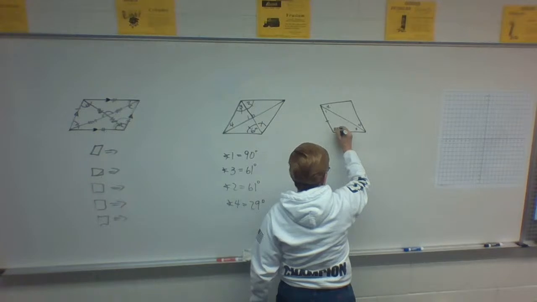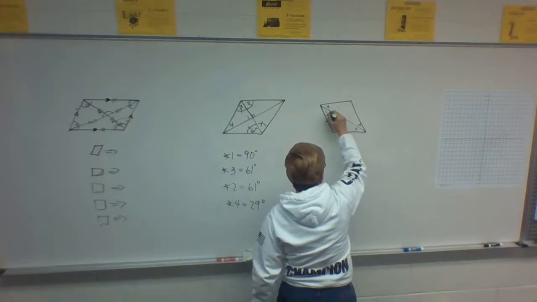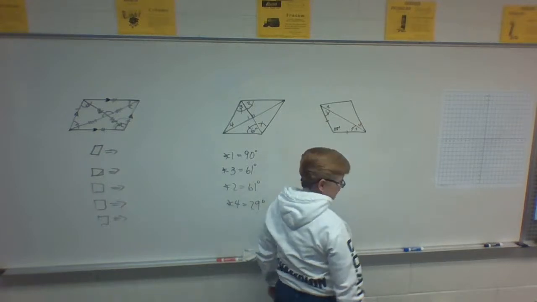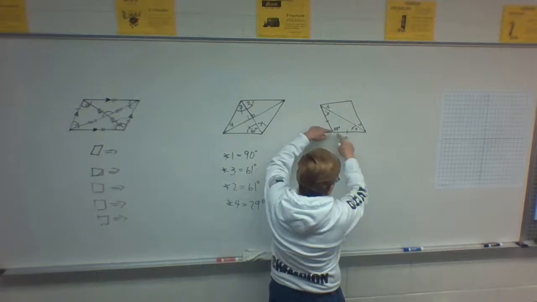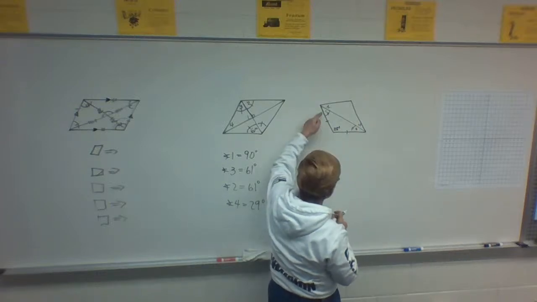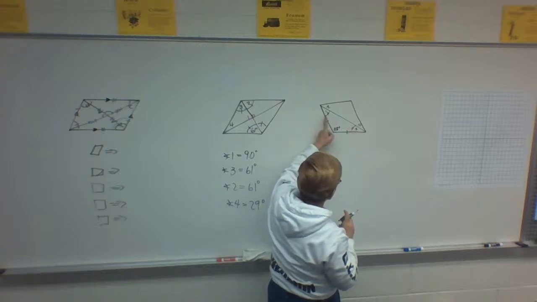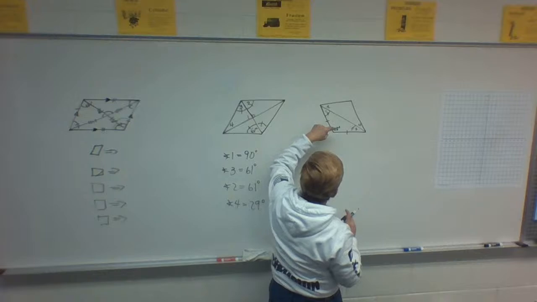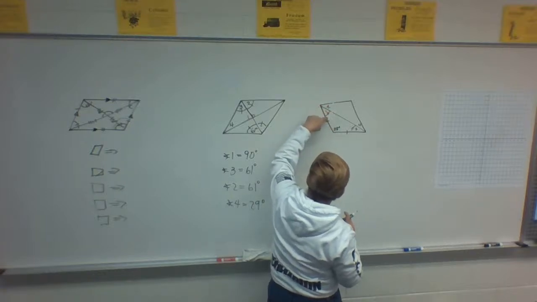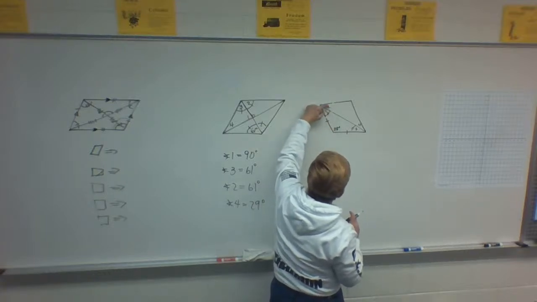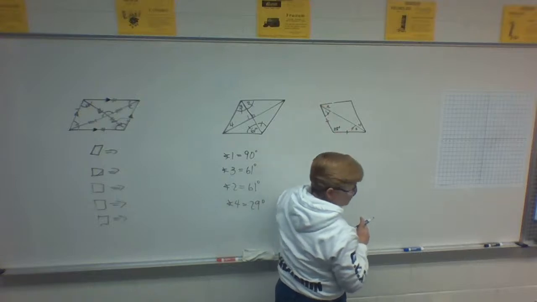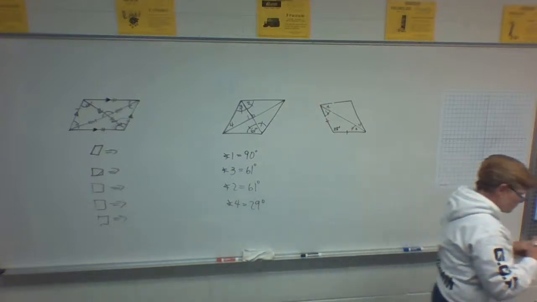So if this is 118, these two angles have to split what's left over evenly because they're base angles of an isosceles triangle. That'd be another way to get at these. By taking 118 from 180 and splitting it in half would give you 1 and 3. Just like 118 from 180 would give you that one, and it's cut in half. But you could use isosceles triangles too, just so you know, that's another avenue to go.